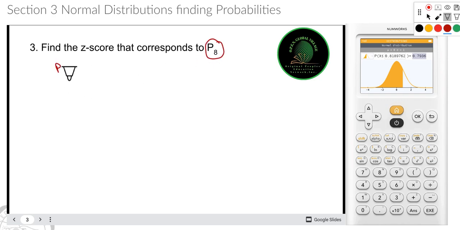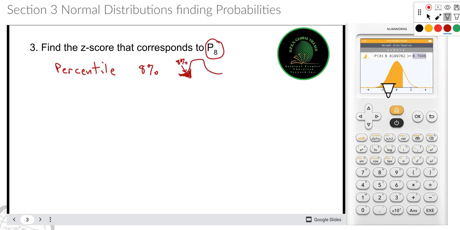So that P is a percentile, and 8 says 8%, which is the area below. So 8% is whatever it is, the area below that score. That would make that the 8th percentile. That's what we're looking for.